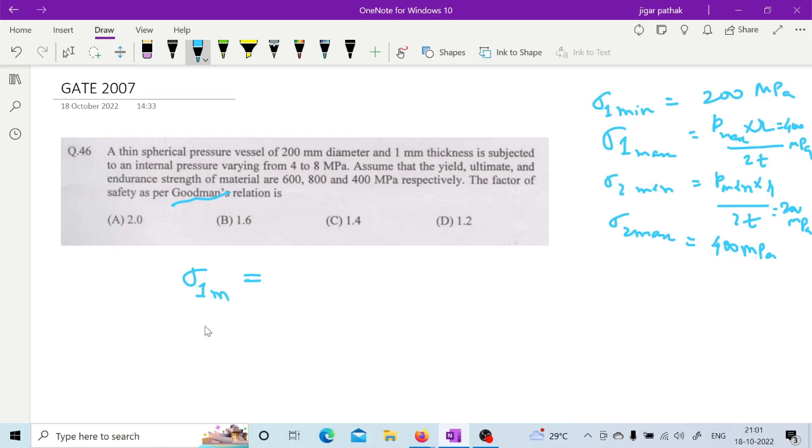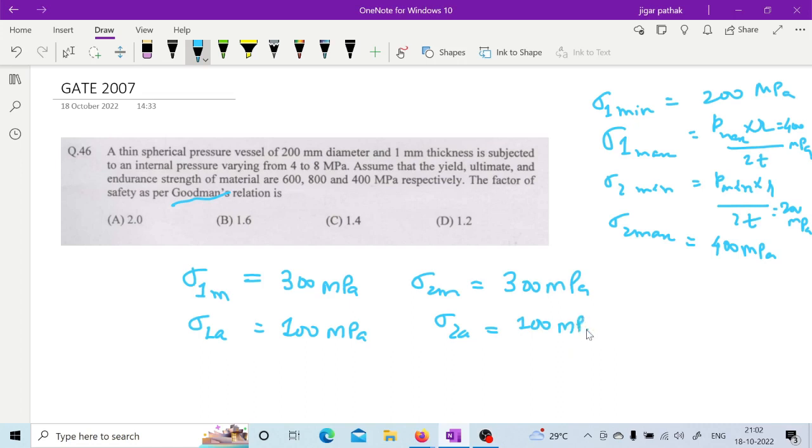First, you have to calculate sigma 1 mean and sigma 1 alternating, then sigma 2 mean and sigma 2 alternating. So that is 400 plus 200 by 2, 300. Then 400 minus 200 by 2, that is 100. Similarly here also, right? Because sigma m is equal to sigma max plus min by 2.